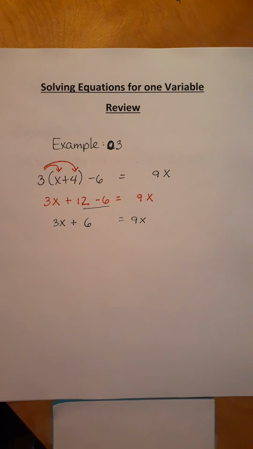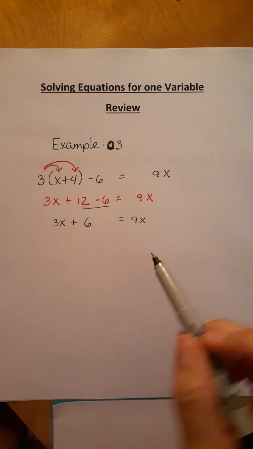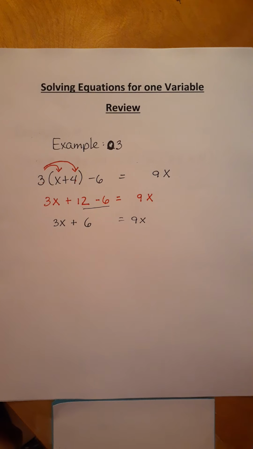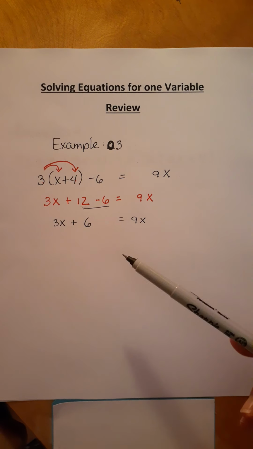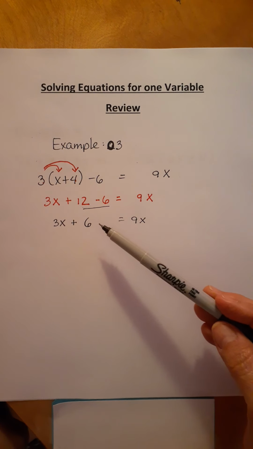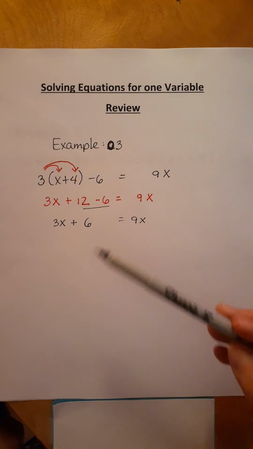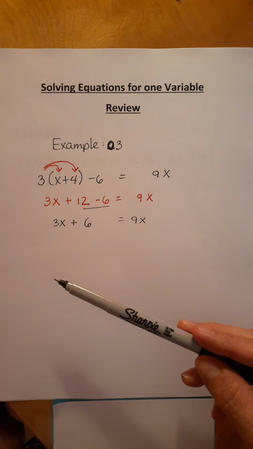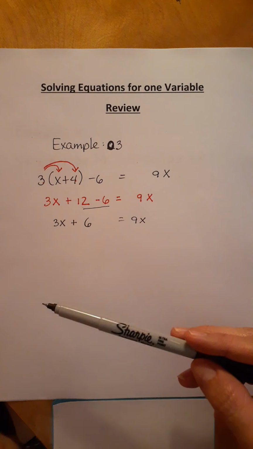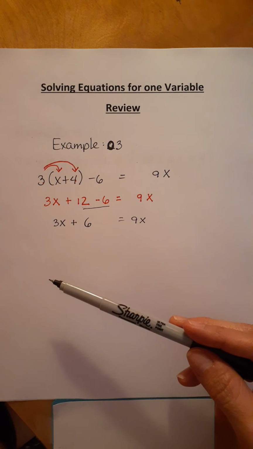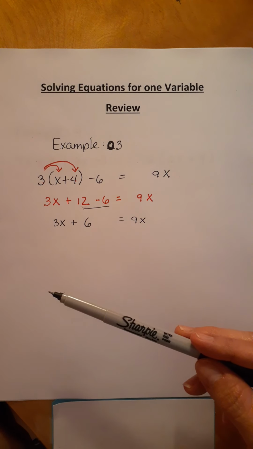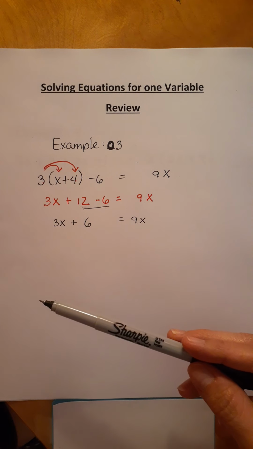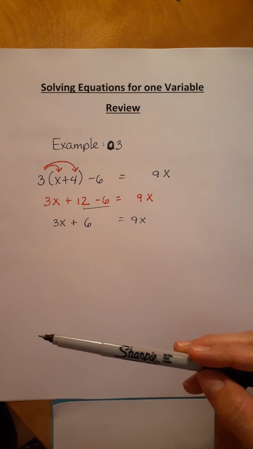Now we're at a very simple two-step equation. We need to get the x's on one side. I have a 3x and I have a 9x. Now, a lot of people are used to the variable being on the left side of the equation or inequality. But that's not really that necessary. What I recommend anyway is, let's try to stay away from negatives because they're really easy to forget to write.